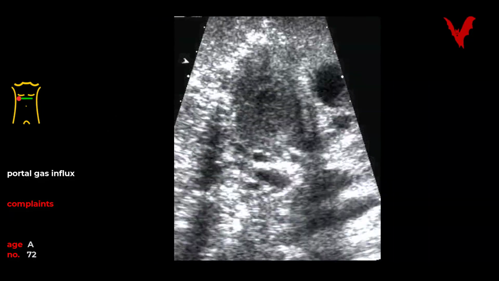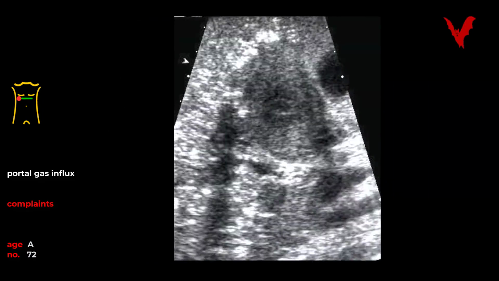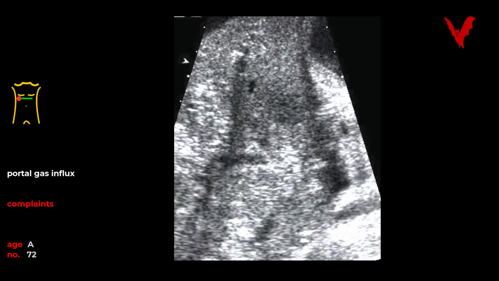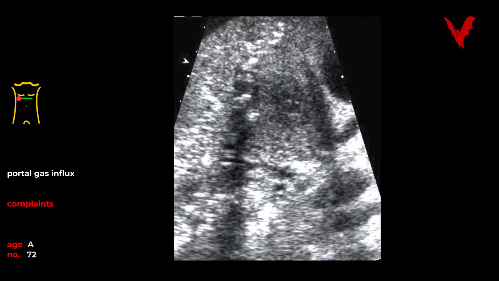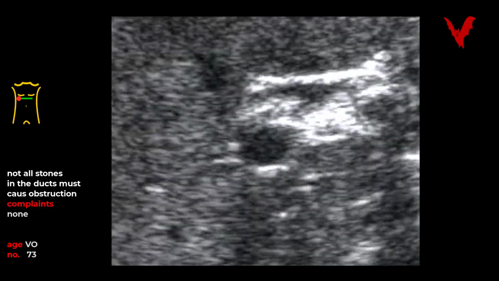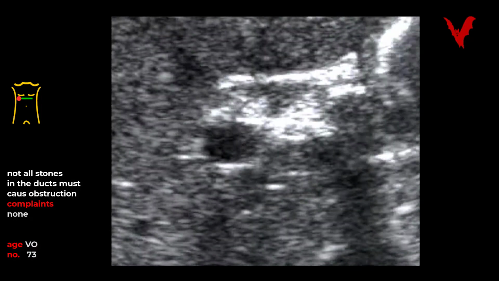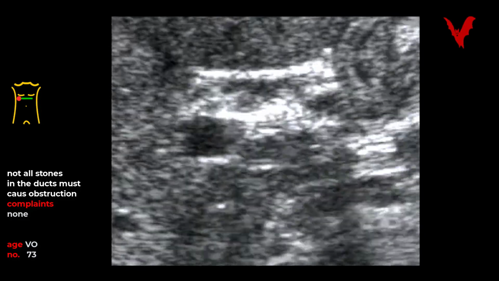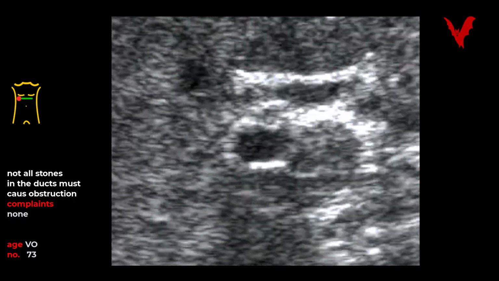This in figure 72 has to be considered as a serious sign, usually announcing abdominal abscesses. Obviously, not necessarily all bile duct stones are always symptomatic, like here in figure 73.